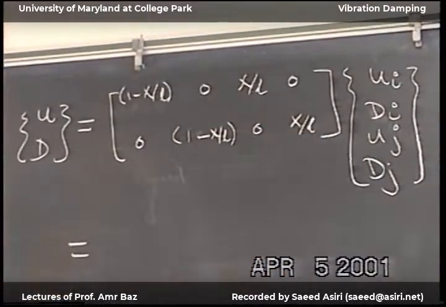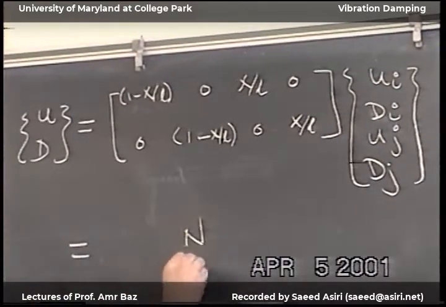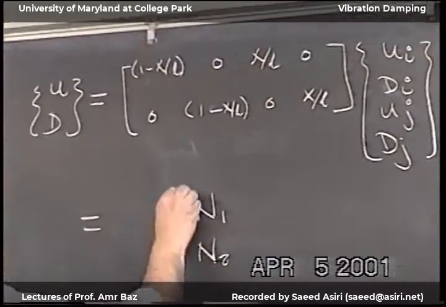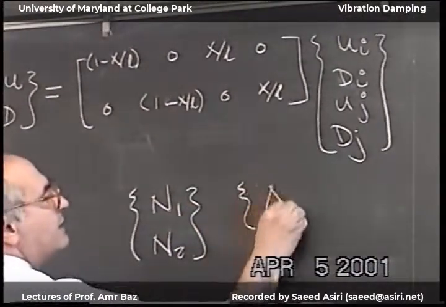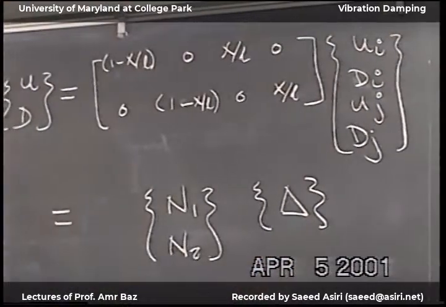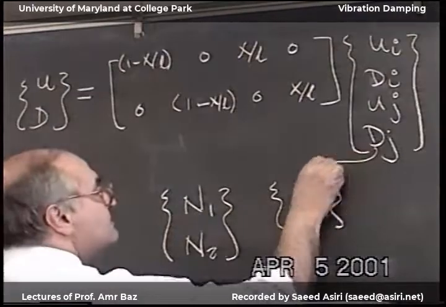And then now I'm going to call what we have now N1 and N2. And then this vector is the deflection vector delta. So this is all delta.